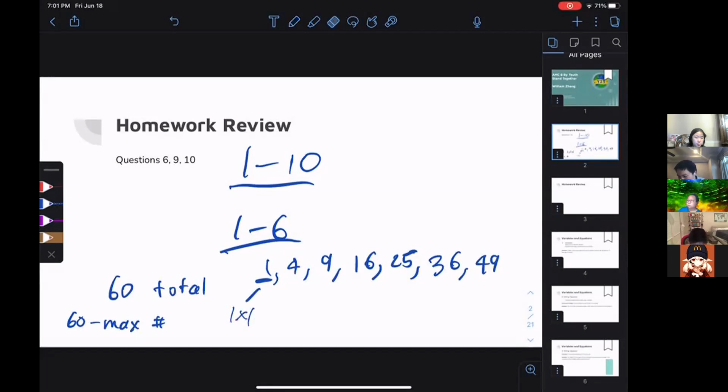So there's one way for 1. For 4, you can have 2 times 2, or 4 times 1, 1 times 4, either way. On 1 times 4, you can swap: the die gets 4 and the tile is 1, or the other way around. So that's 2 plus 1 is 3.